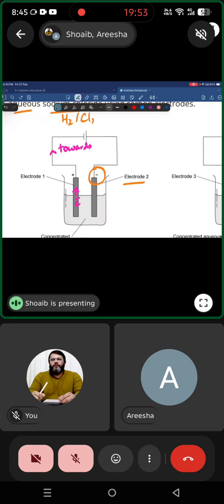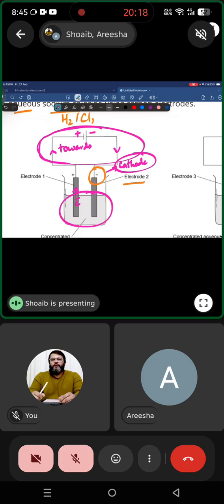Let me do the correction here. This is negative and positive. So the electrons are moving towards the cathode. This one is the cathode here. Okay, through the external circuit. This here is the external circuit. This one is an internal area. Okay, got it?